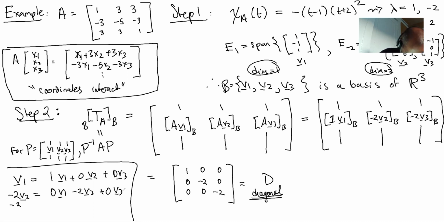And then minus 2 v3, when you write it as a linear combination of v1, v2, and v3, is 0 v1 plus 0 v2 minus 2 v3. So what would the coordinate vectors be? Well, there'd be 1, 0, 0, 0, minus 2, 0, and 0, 0, minus 2.